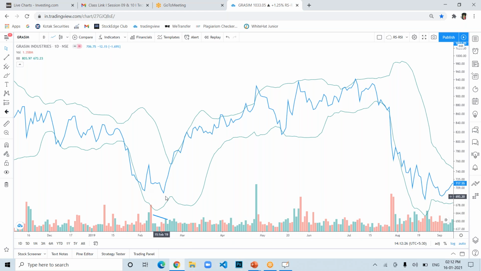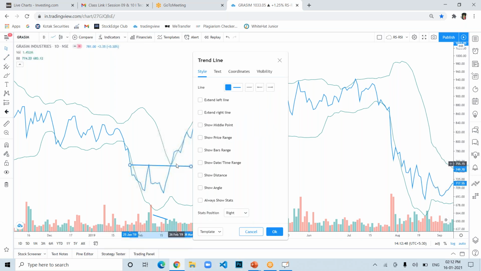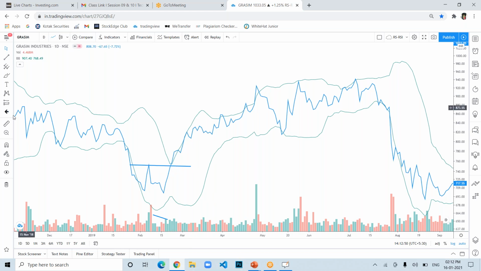However, in this particular case, you can see very clearly the distance between the Bollinger Band here. There's hardly any distance. So there is a W, there is volatility divergence, there is volume divergence, and you trade on the breakout. So where will you trade? This will be your entry. Okay?